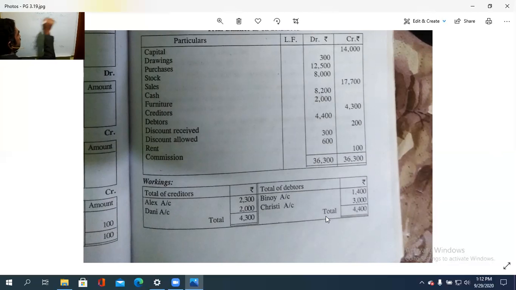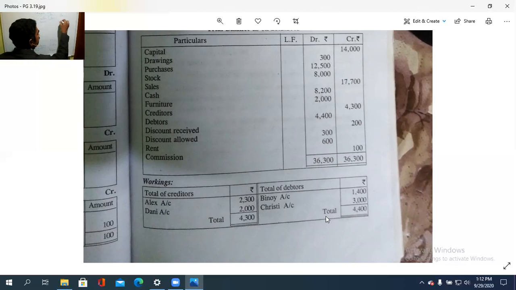Discount allowed is an expenditure item, so it comes on the debit side, and discount received is an income item, that is discount is given, isn't it? So that much reduction in the price, and we are getting the money also. So how much is it?